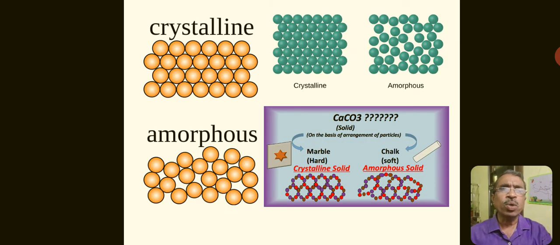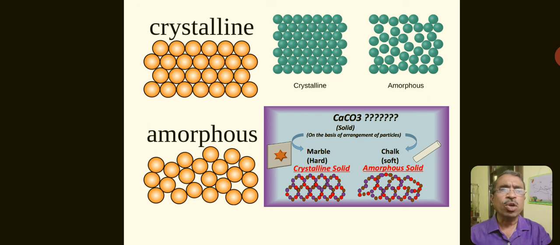Here I have shown how the atoms, molecules or ions are arranged in crystalline and amorphous solids. In crystalline solids, they are perfectly arranged, whereas in amorphous solids, they are haphazardly arranged.